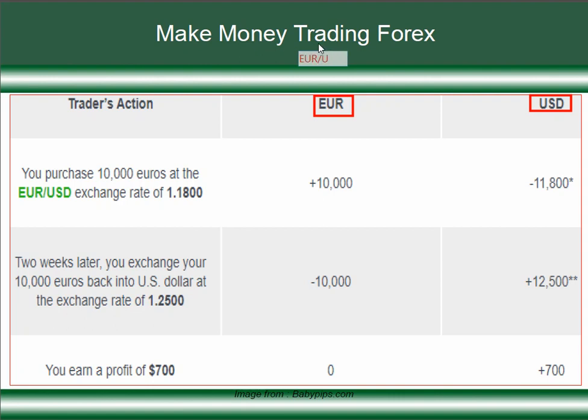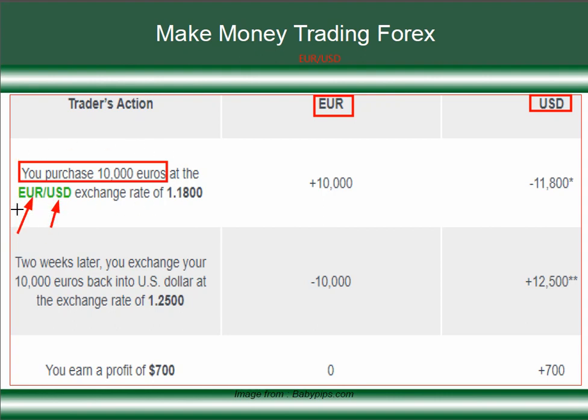Good. So with Euro USD, what you are doing in this trade is you buy 10,000 euros. Look at this. You're buying 10,000 euros.